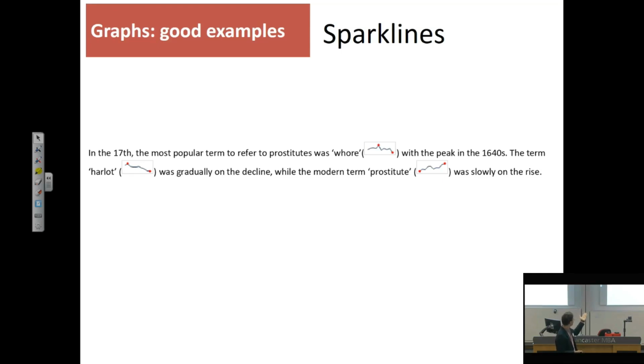Whore was the most frequent one in the 17th century, followed by harlot, but that one declined. And prostitute is a word that started as a verb, but became used as a noun in the 17th century.